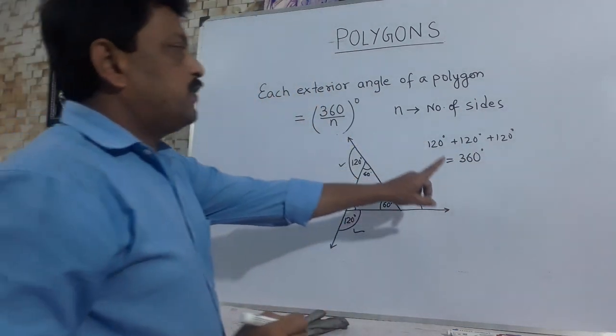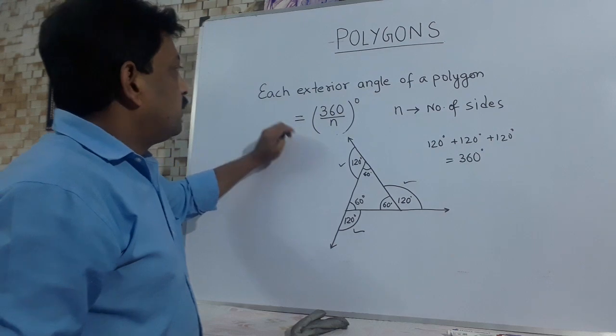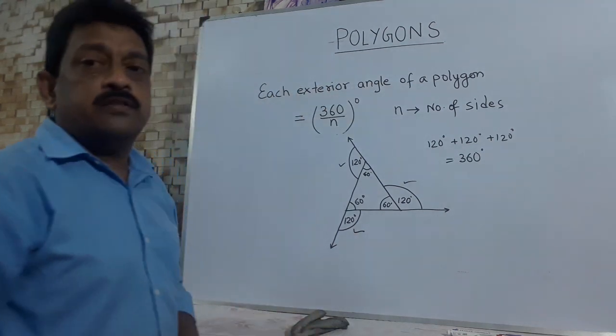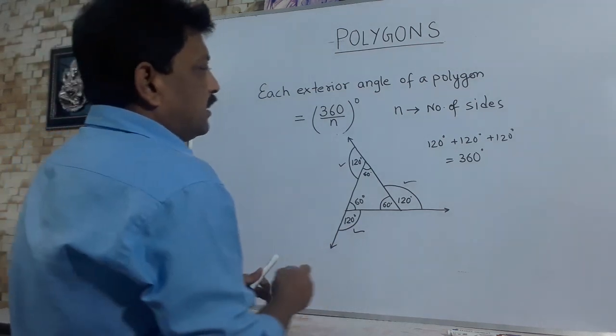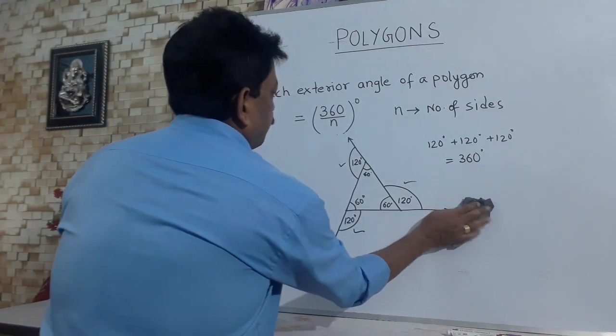Okay, now from there we got the formula that each exterior angle of a polygon is 360 degrees by n. Of course it is a regular polygon, all the sides are equal in length.